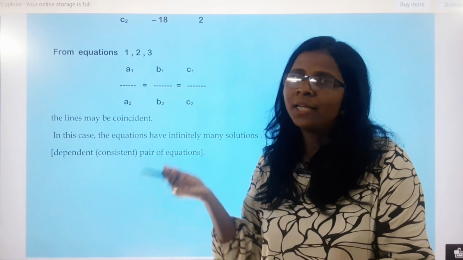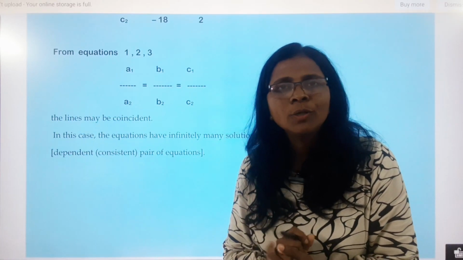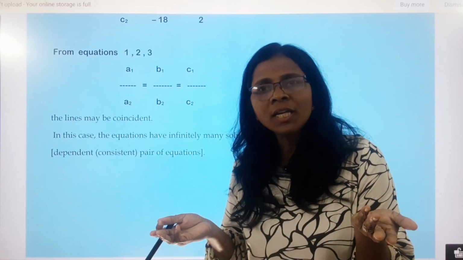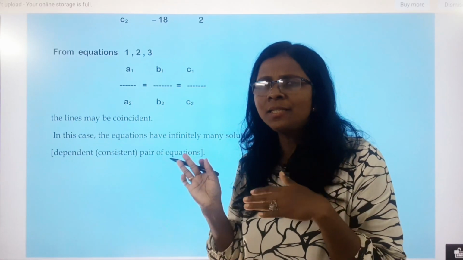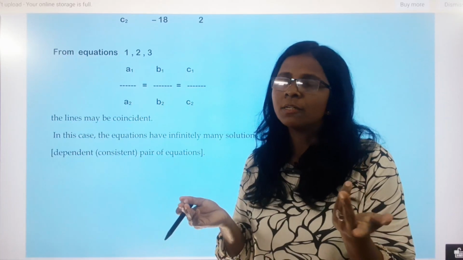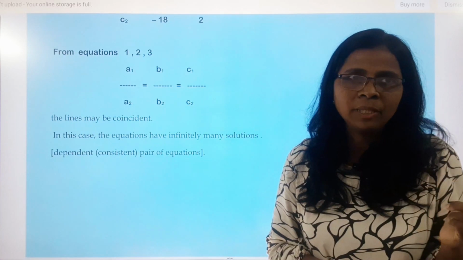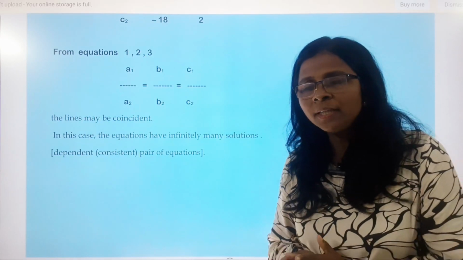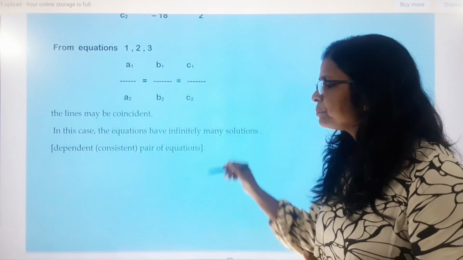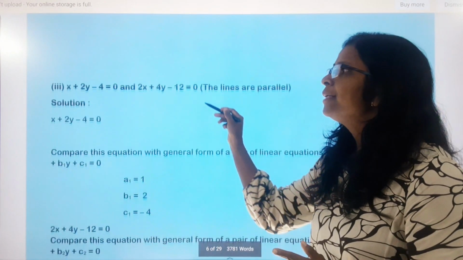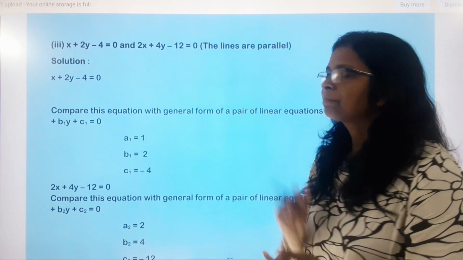So consistency is proved for this pair of linear equations in two variables. This is an easy way to find out the consistency of a pair of linear equations in two variables. Clear on this point? Okay, so now let us see the third example.